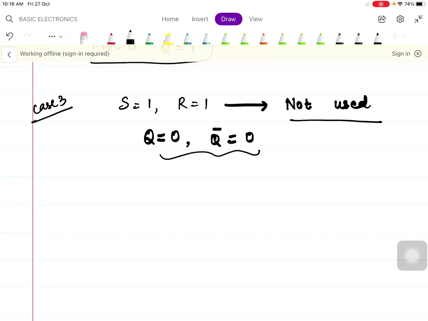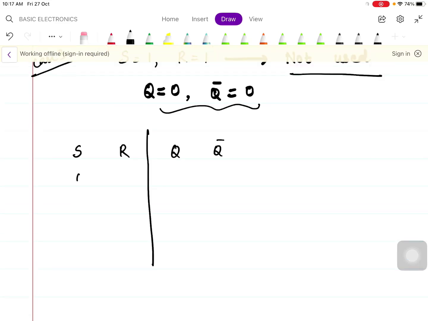Now let us write the truth table of the SR latch. With two inputs, we will have four combinations. For 0, 0, we have already discussed that it is used as a memory. That means when S and R both are equal to 0, it will act as a memory.